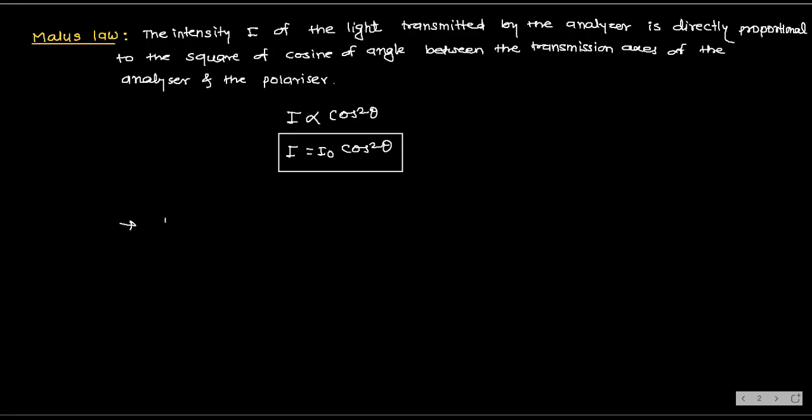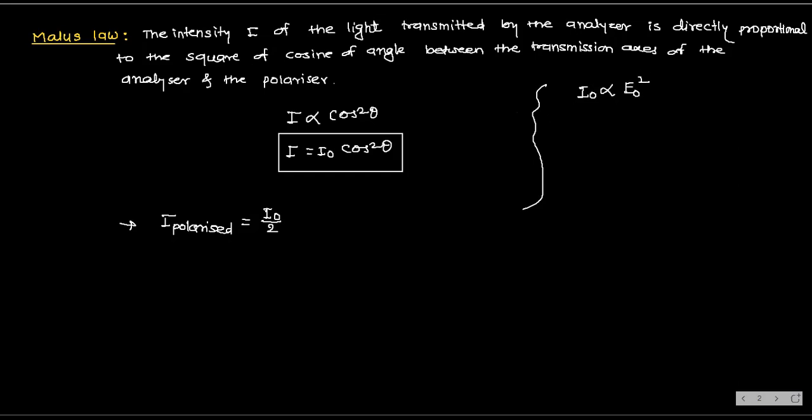Now if I want to find intensity of polarized light, it is equal to I naught by 2. So here I am giving you, intensity is proportional to amplitude square.